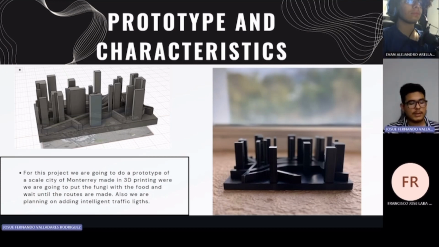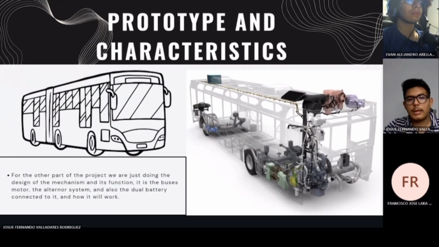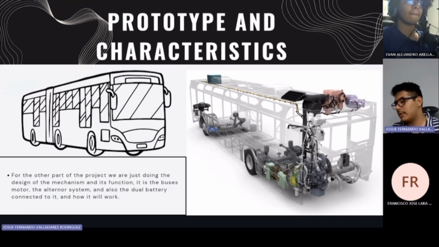What it's going to do is track the best routes so the buses can move better and more efficiently through the city, and so the people can arrive in faster time and quicker than usual.